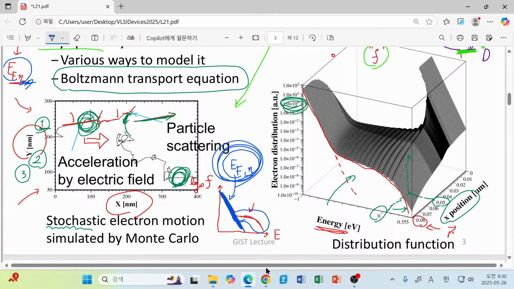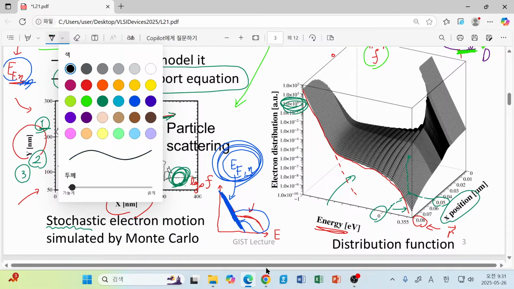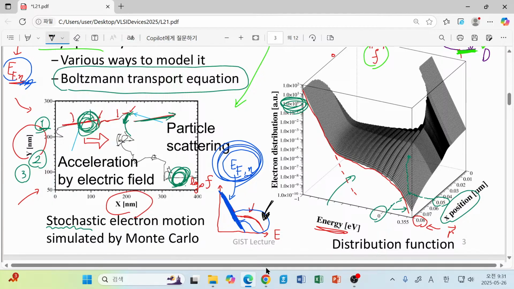Then quite naturally, although quasi-Fermi potential is really beautiful and gives us the most important information, it is also certain that it does not count this deviation from exponential decay. What is it?